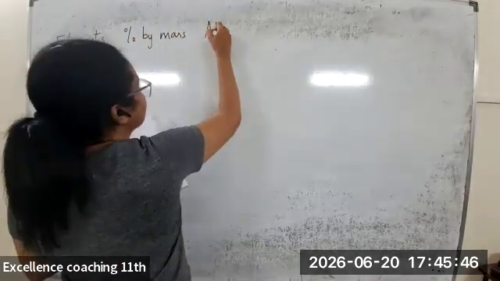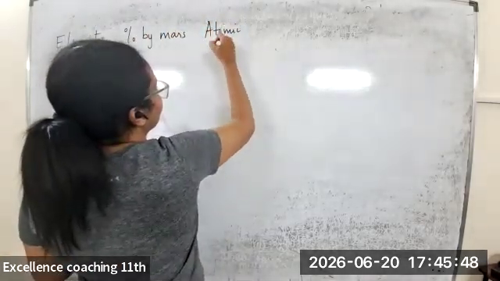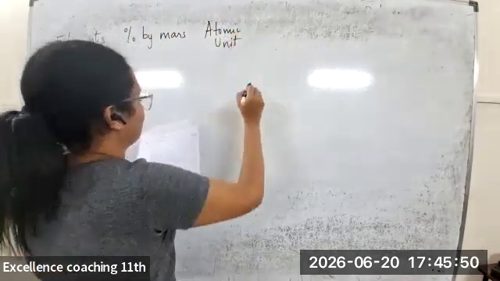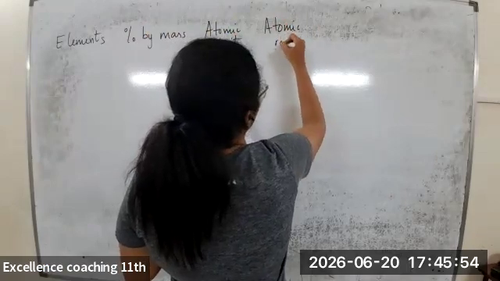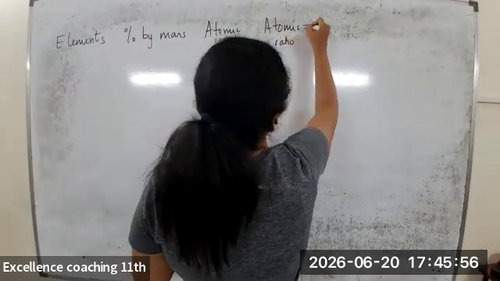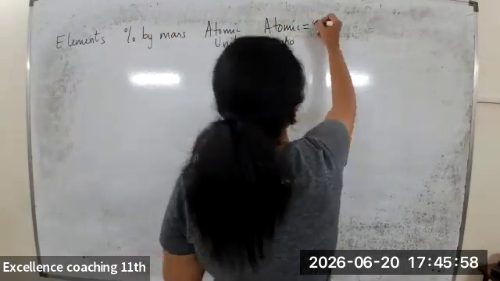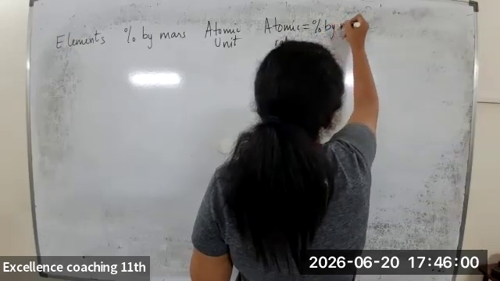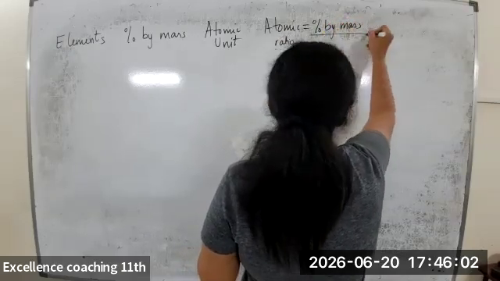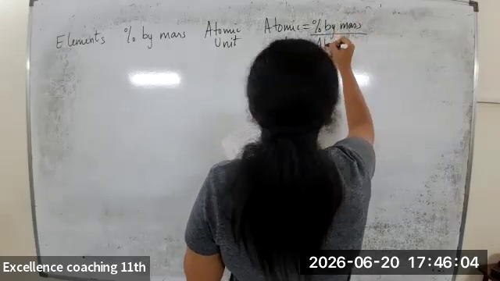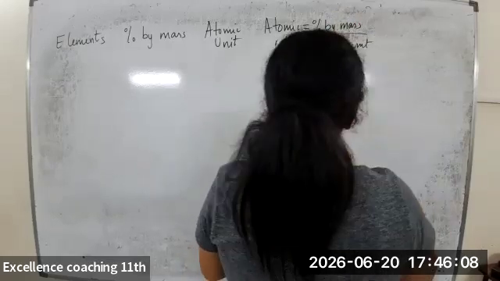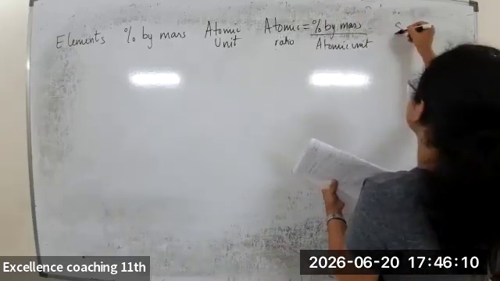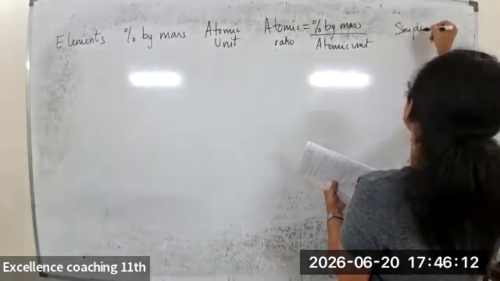Third one will be atomic unit. Next one will be atomic ratio. So atomic ratio will be equal to percent by mass upon your atomic unit. And the last column will be simplest ratio.